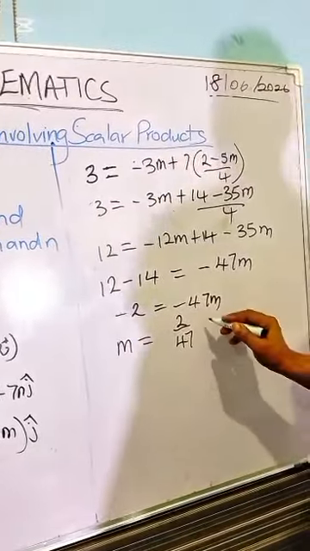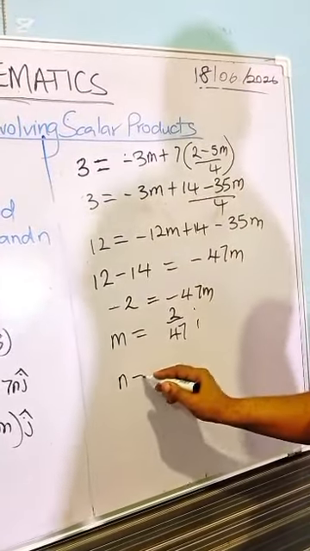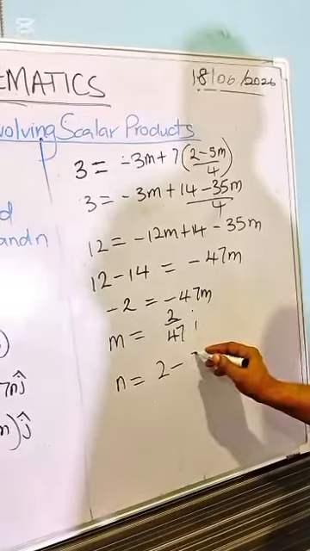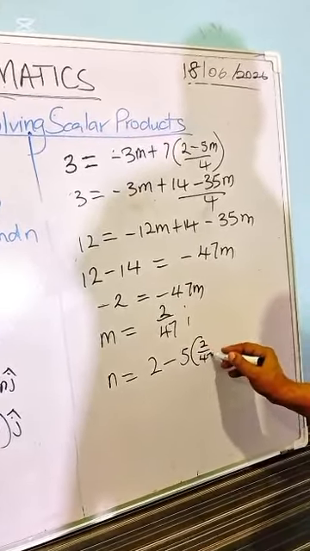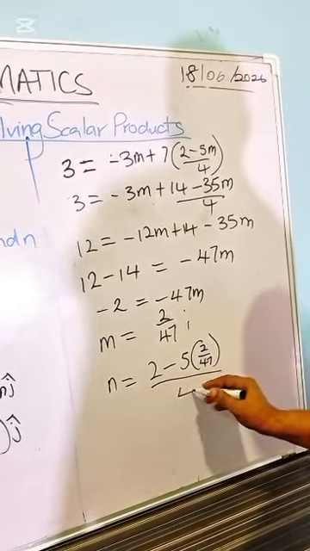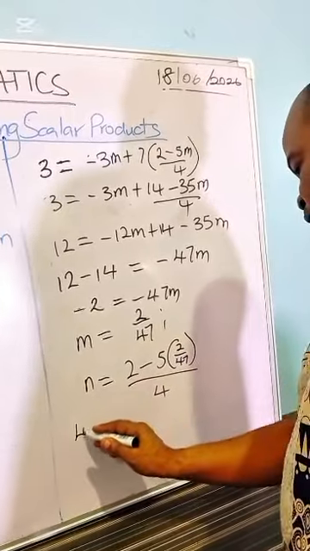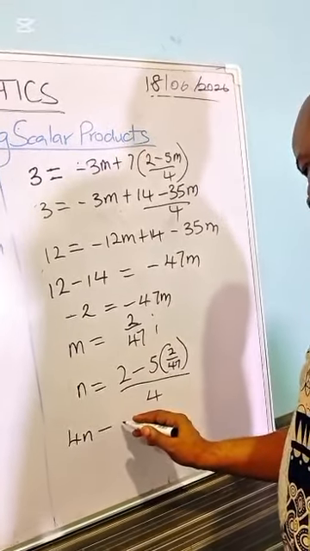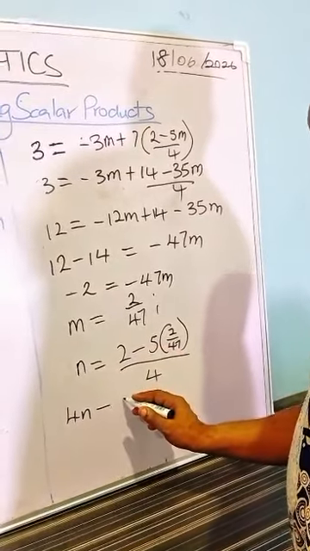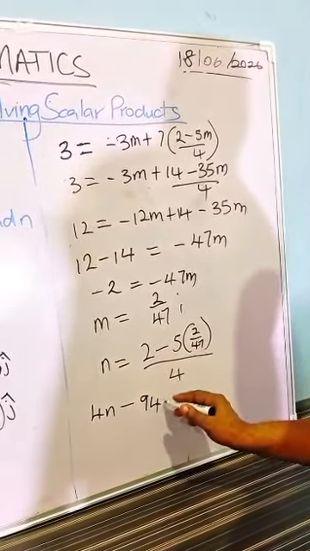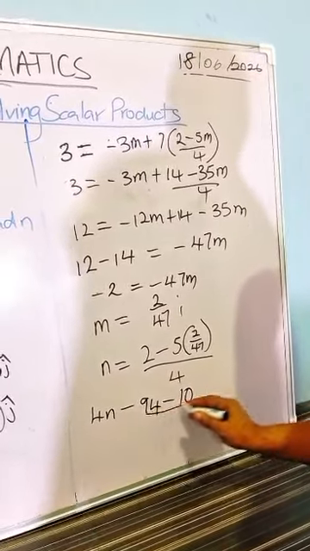Now substituting what m is in equation 3, our n will be equal to 2 minus 5 times 2 over 47, all over 4. So we simplify this to have 4n equals 94 minus 10 all over 47.